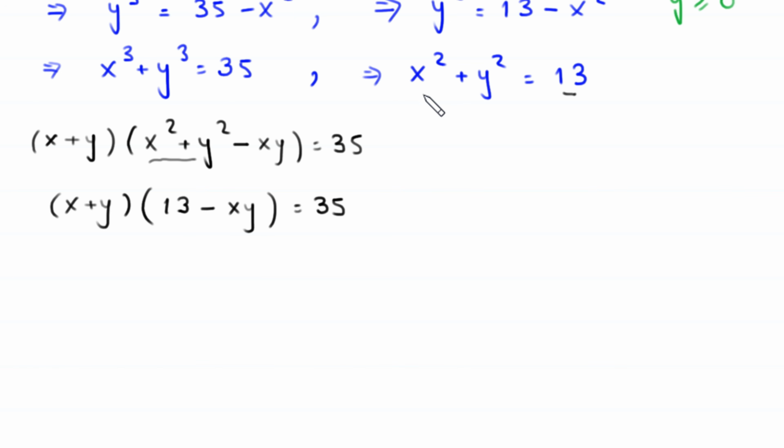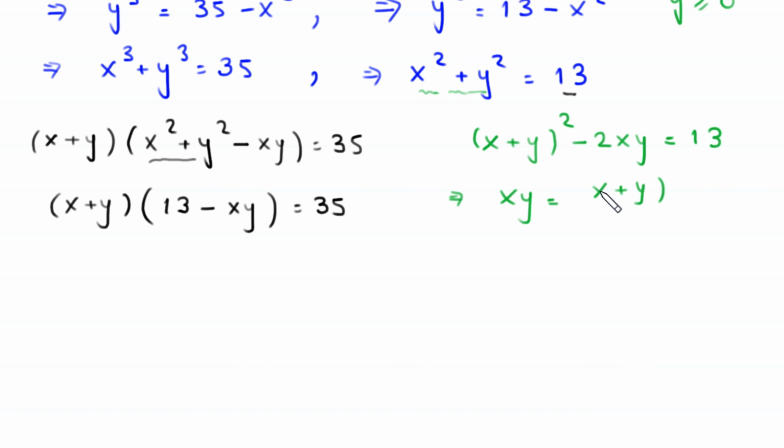Now from the second equation, x squared plus y squared can be written as x plus y whole squared minus 2xy equal to 13. Making xy the subject, x times y equals x plus y whole squared minus 13, divided by 2.